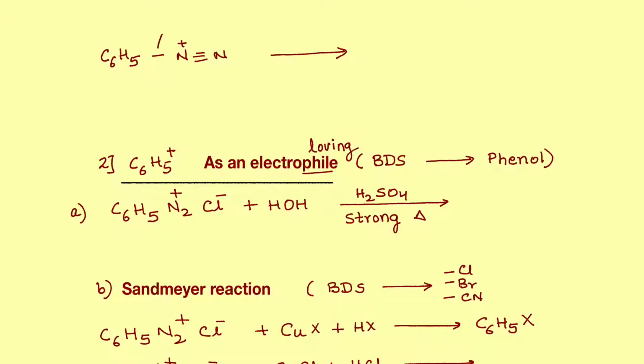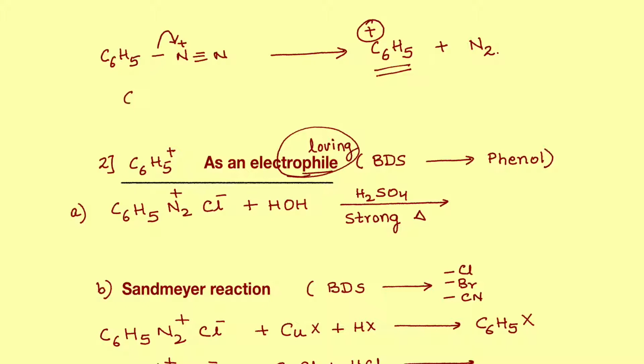respect to carbon, has a tendency to withdraw electrons towards itself. And that is what it is going to do now, leaving phenyl alone with a positive charge and nitrogen being formed as a gas. Now this phenyl group, because it is electron deficient, it is going to behave as an electrophile or an electron loving species.